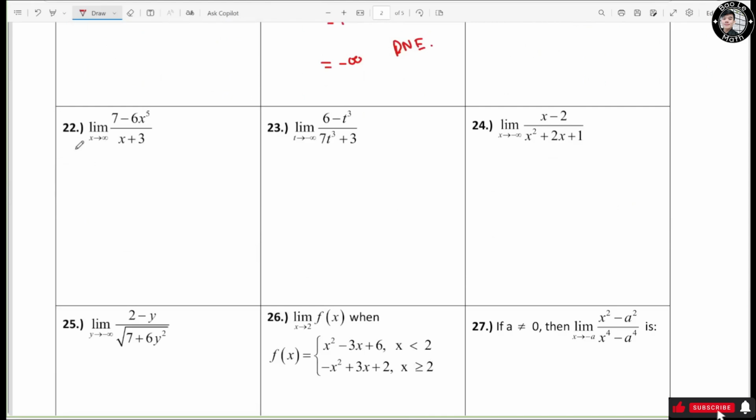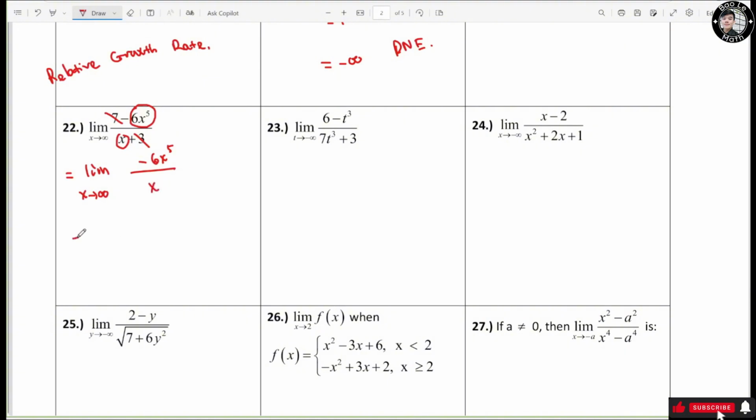Number 22. We're going to use the relative growth rate. When s approaches infinity, this guy right here grows faster than this guy, so we just ignore this guy. This guy right here grows faster than this guy, so we just ignore this guy, right? So it turns out to be limit when s approaches infinity of negative 6s to the 5th over s, right?